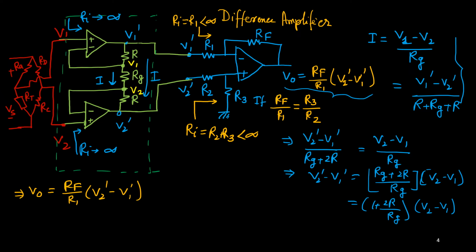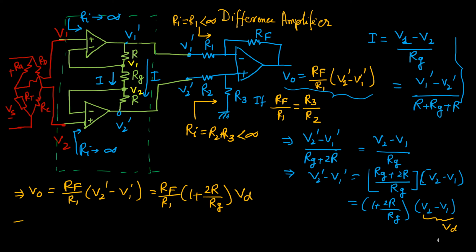So I can replace V2 prime minus V1 prime, and you will get Rf upon R1 times (1 plus 2R upon RG) times Vd, the difference voltage.